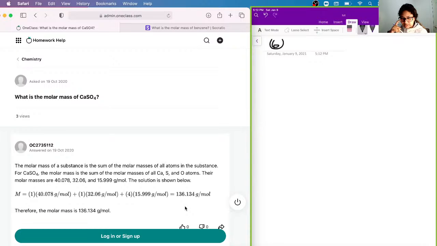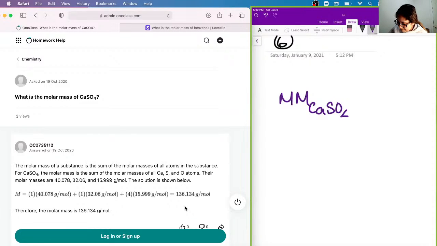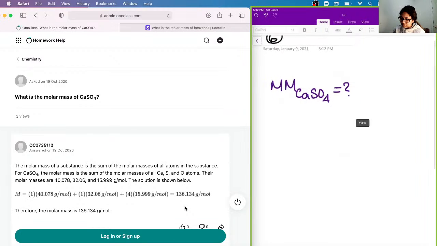The next question asks, what is the molar mass of calcium sulfate? To find the molar mass, we break the compound into its individual elements.